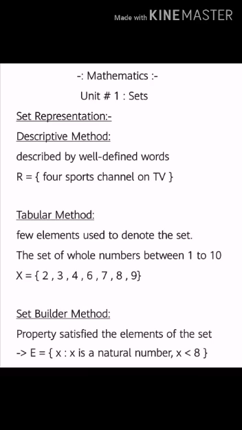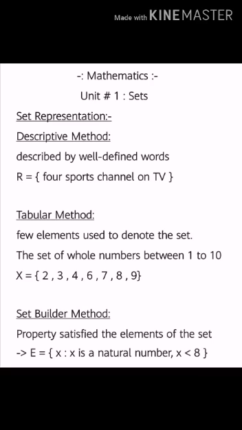For example, if we have the set of whole numbers between 1 and 10, we may write it as 2, 3, 4, 5, 6, 7, 8, 9.